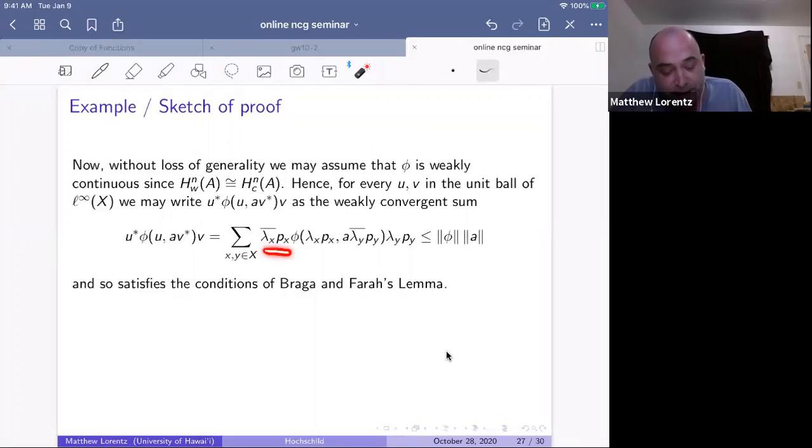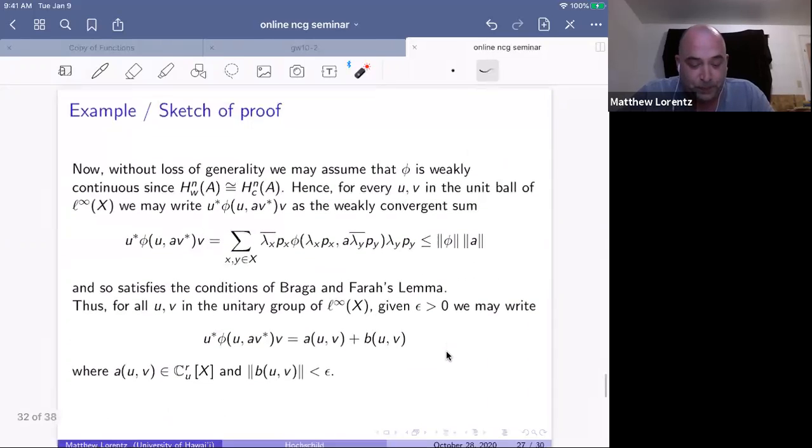But we can add these all up to get to here. It's going to converge to this, but then also we're going to be bounded by the norm of phi times the a that we were given for the argument. So this is going to satisfy the condition of Braga and Farah's lemma.